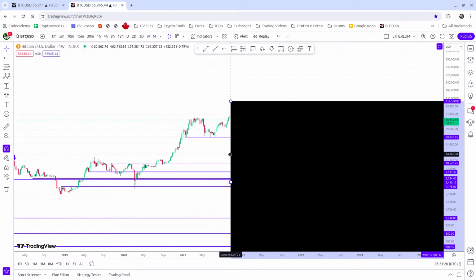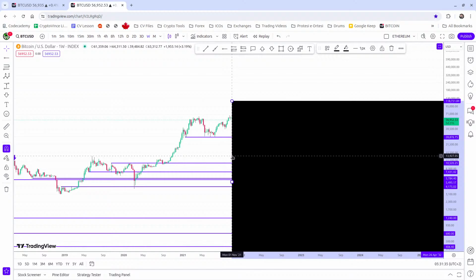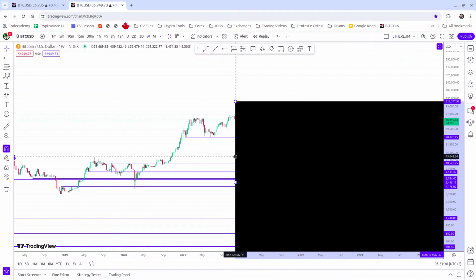Let's see here. Oh, almost made a higher high. So here, what I would think, it's not a strong push, so I'm still 50-50 at this point. What's it going to do? I need to see more information.